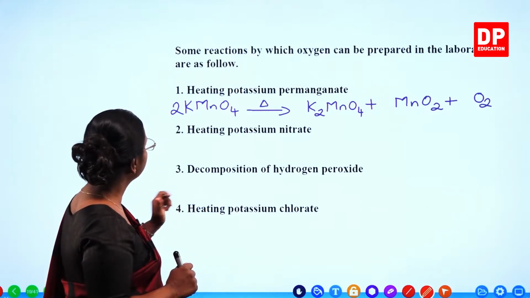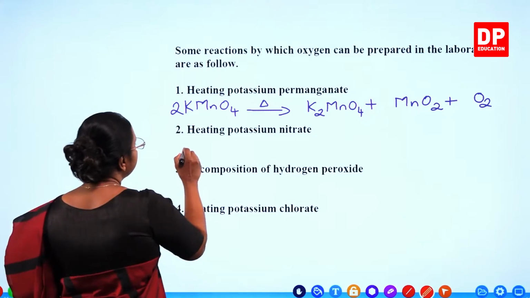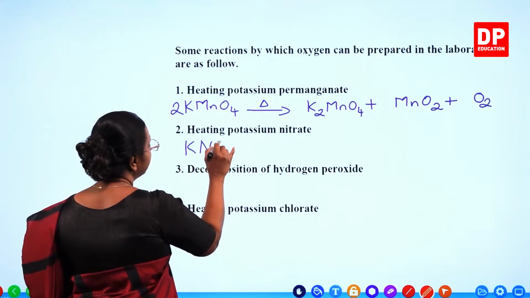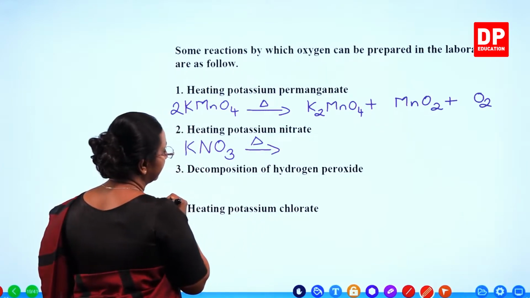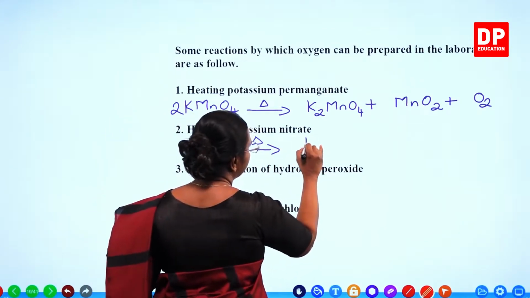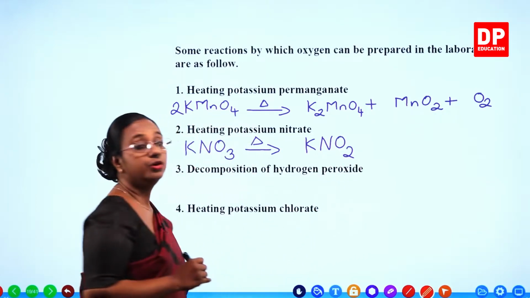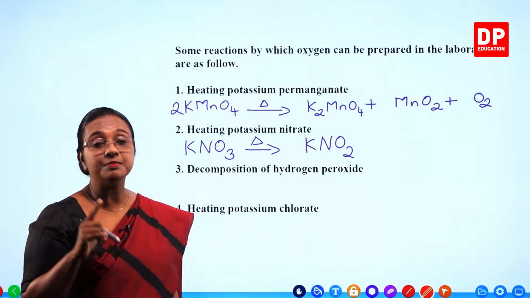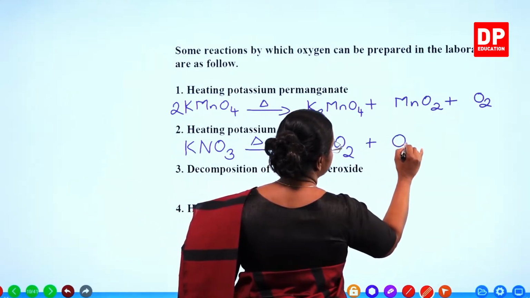Then we have the second one, heating potassium nitrate. Potassium nitrate is KNO3. So here also we are going to heat it and you will get potassium nitrite, KNO2. That is potassium nitrite. There we will get oxygen gas.